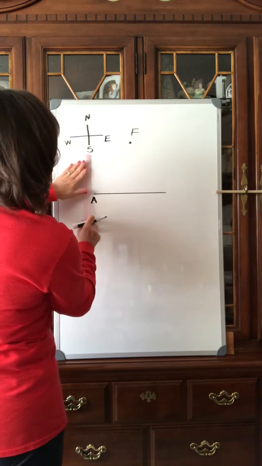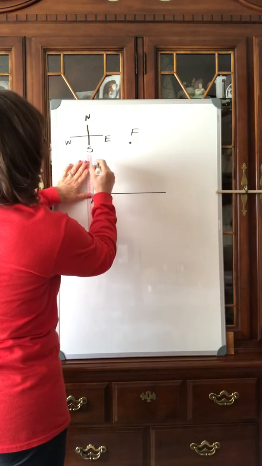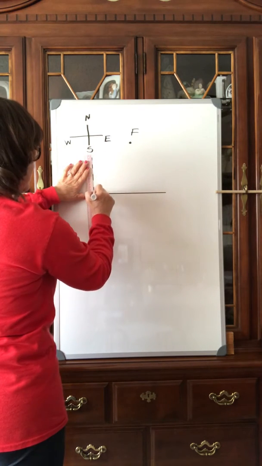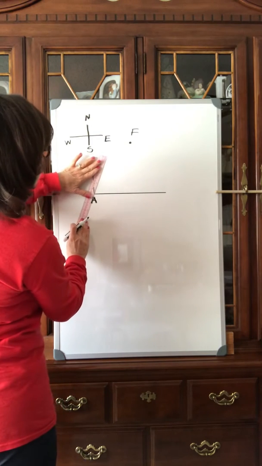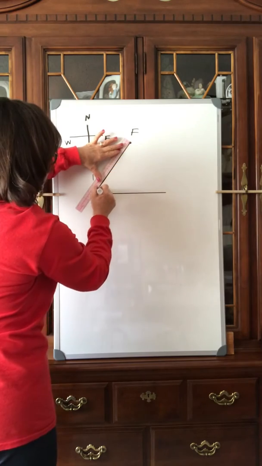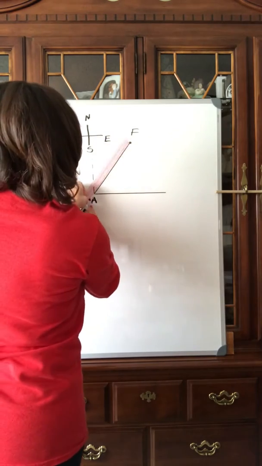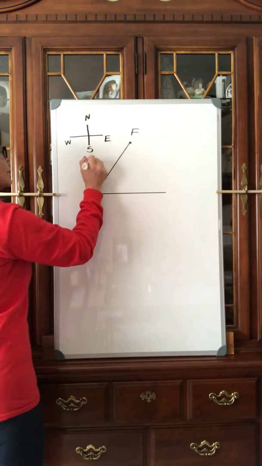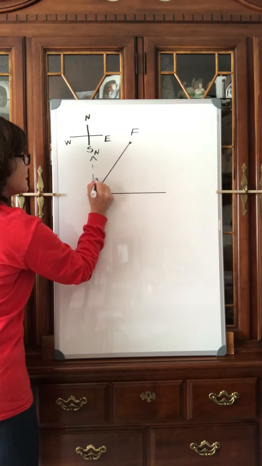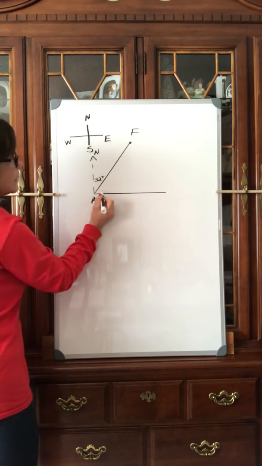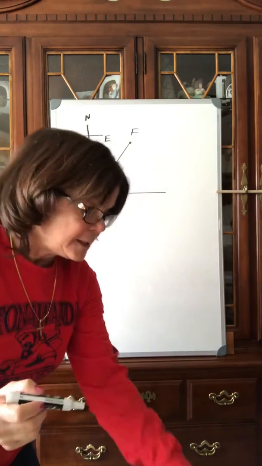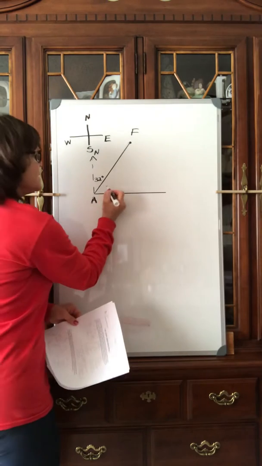So if you went straight north from this point, and then went east 32 degrees to the fire, this is due north, this is 32 degrees east of due north. So then we can find this angle in here: 90 degrees minus 32 degrees. So this angle right in here is going to be a 58 degree angle.